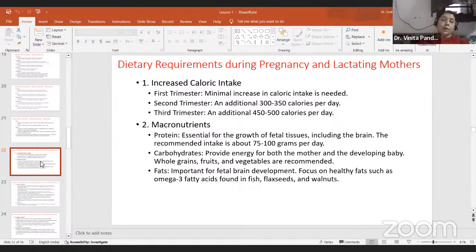During pregnancy and when childbirth takes place, for at least the next 2 to 4 months, for the woman's body to come back to its original nutritional level, for that repair to take place, and also to facilitate breastfeeding of the child, a different kind of nutritional requirement is very important for the good health of the mother as well as the child. So in tomorrow's session, we will try to understand that.